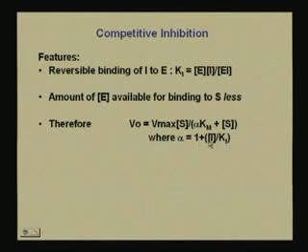This alpha is given by this expression. It is 1 plus the inhibitor concentration divided by Ki. The alpha is always greater than 1. What does this mean?